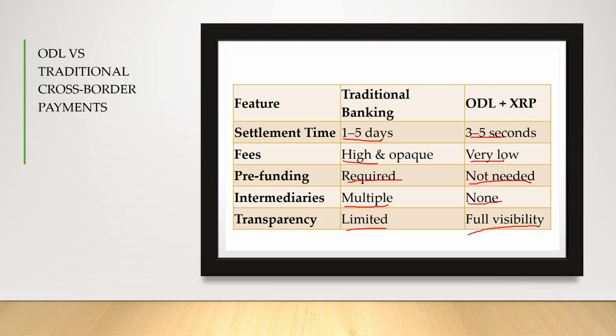XRP acts as a temporary bridge asset, and the value comes from volume, speed, and necessity. So the more cross-border payments move on-demand liquidity, the more critical XRP becomes. So XRP has the potential to become a major part of the upcoming financial infrastructure.